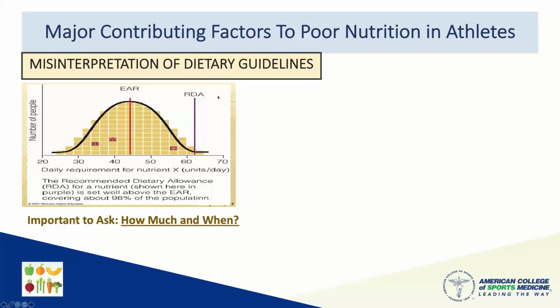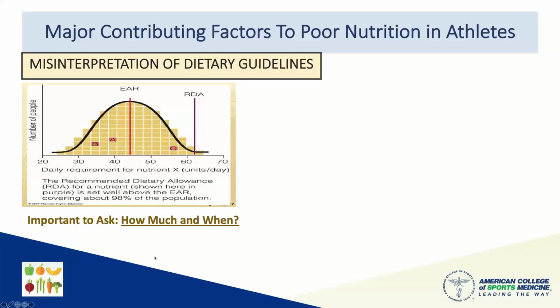The body works in real time. And a lot of supplements give you the full recommended dietary allowance in one dose. And the body would much rather have it in small, multiple doses. And a lot of people think, well, if that's the recommended dietary allowance, then having a multiple of that, 200% of it, 300% of it or more, is even better.